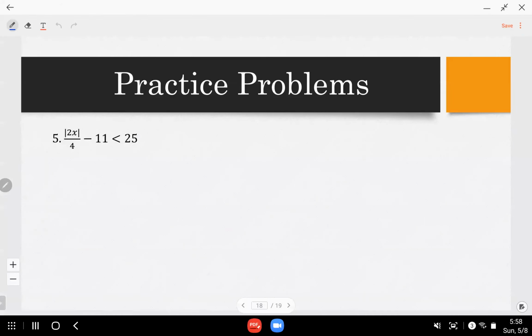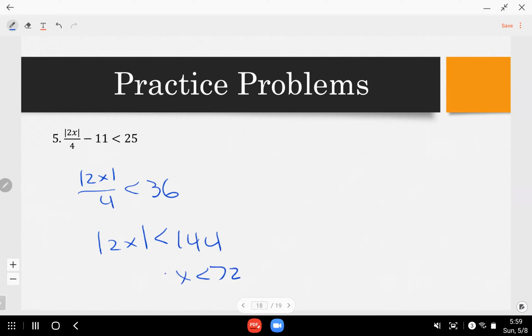Let's see. This is less than 36, and we have 44. And this is an and inequality. Therefore, it is negative 72 to 72, but it's not included. So I do not want to see any square brackets, just regular parentheses.